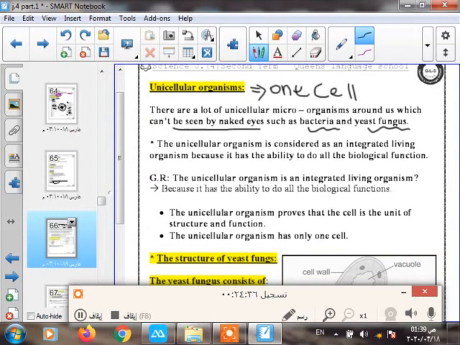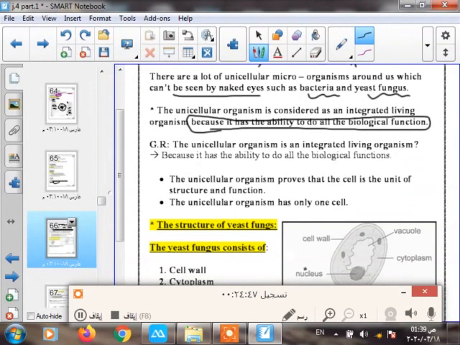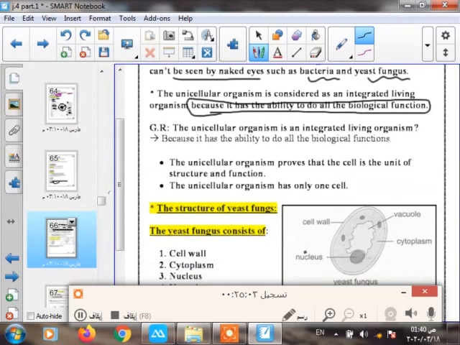It is considered an integrated living organism because it has the ability to do all biological functions by itself. Bacteria and yeast fungus have only one cell, and it can make all biological operations.